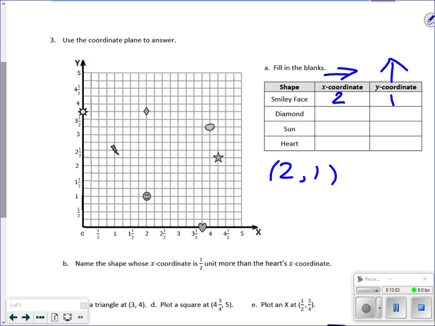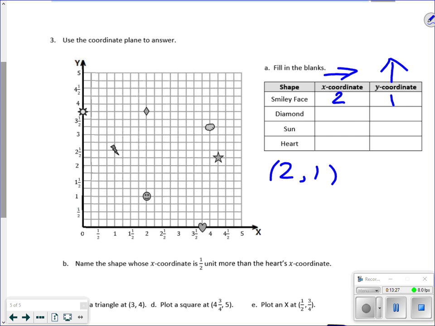The diamond. And then y'all go, oh, Ms. Strickland, what do we do when there's no number? You have to figure out what that hash is. Just because there's no number there doesn't mean it's nothing. It's something. You have to figure out what it is.